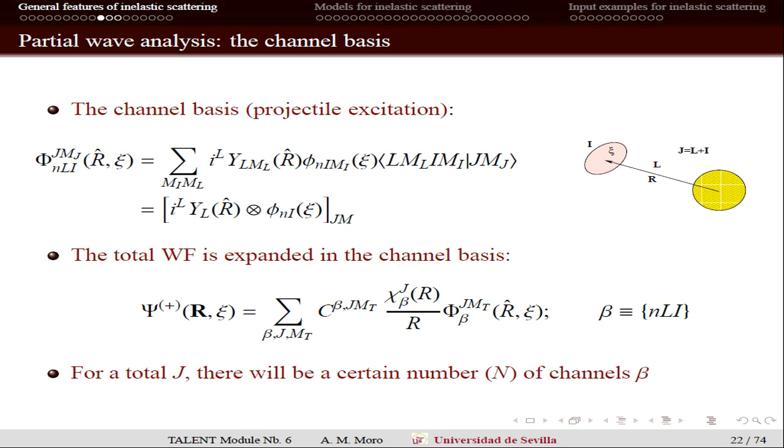This was our first approach to the problem. But now we decided to make a new expansion that is equivalent to the previous one, in which we emphasize the fact that the total angular momentum must be conserved. So we expand in terms of a basis state characterized by a given total angular momentum. And this is why we have this chi here, which are these radial coefficients in this basis.